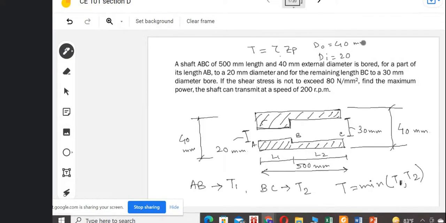Don't forget the unit. So from this, can we find out this ZP? And the maximum shear stress is given, so this is the tau value. Now can we get the torque transmitted by this AB section?